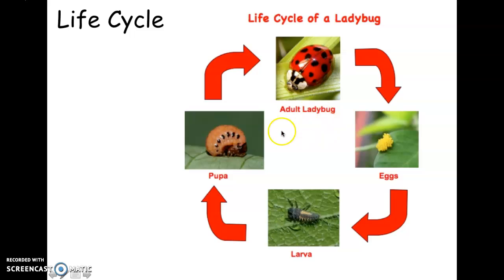And from pupa, they become adult ladybug, and then adult ladybug will make eggs again. And those eggs will become larva, pupa, adult ladybug. And then it goes again and again. You call this life cycle. We'll talk more about life cycles this week, of many different kinds of insects.